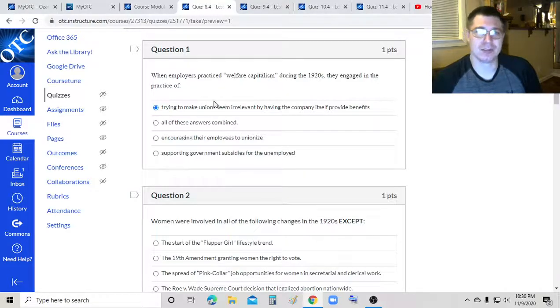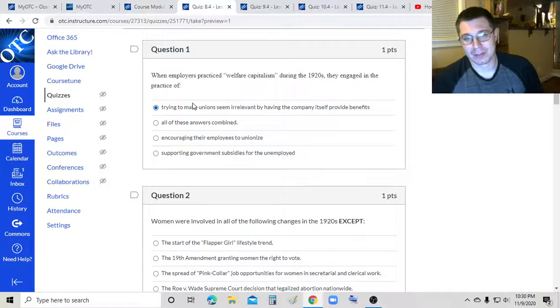You know, the 1920s was a time when businesses were trying to get workers on the side of free market economics, trying to get workers to back away from the idea of the Progressive Era of regulating business. This was also after the Red Scare, right after World War I, where the Soviet Union went communist.